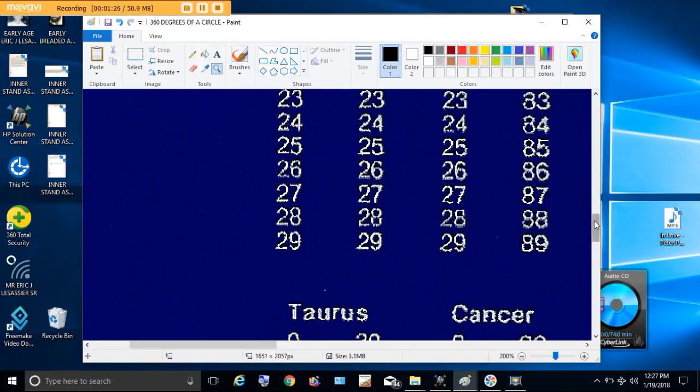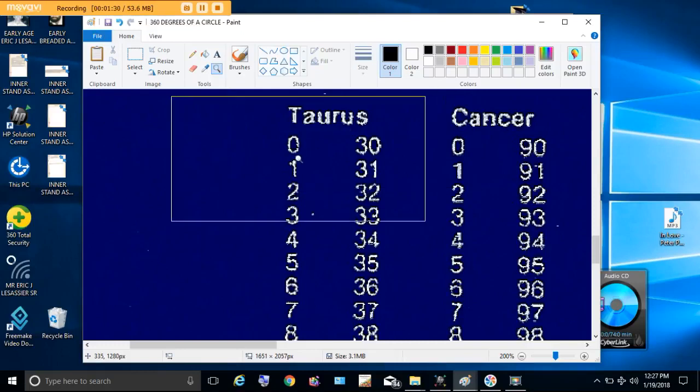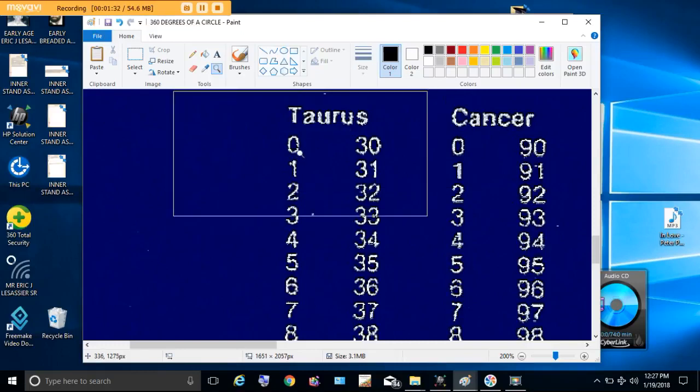But if we continue, we go to the sign Taurus. Now, Taurus's value starts at 0 because it's the beginning of the next sign. So 30 is actually the 0 degrees of Taurus.